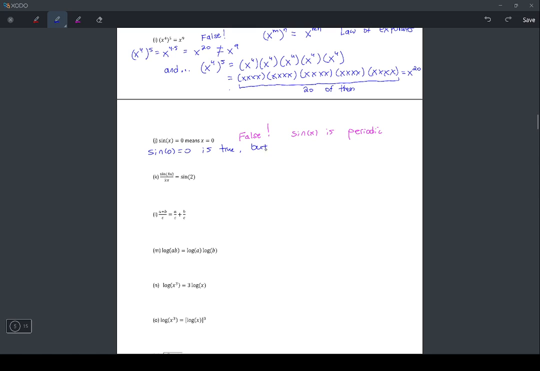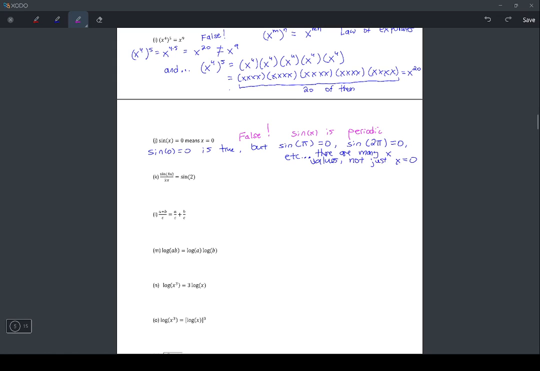But sine of pi equals 0. Sine of 2 pi equals 0, etc. There are many x values, not just x equals 0. That's only one of the solutions.